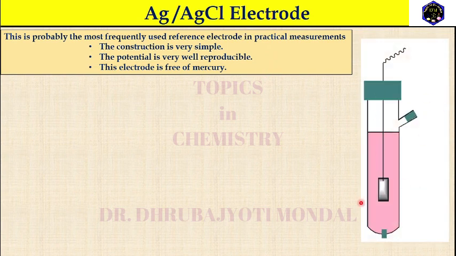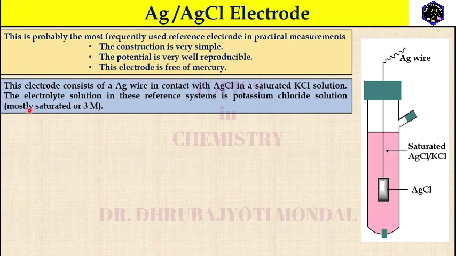Now here is the diagram of the AgCl electrode. First you can see this is the Ag wire. Here is the saturated KCl solution, and here is AgCl. This electrode consists of an Ag wire in contact with AgCl, in a saturated KCl solution.